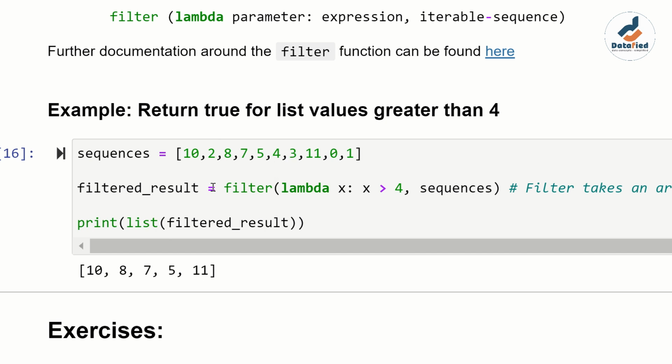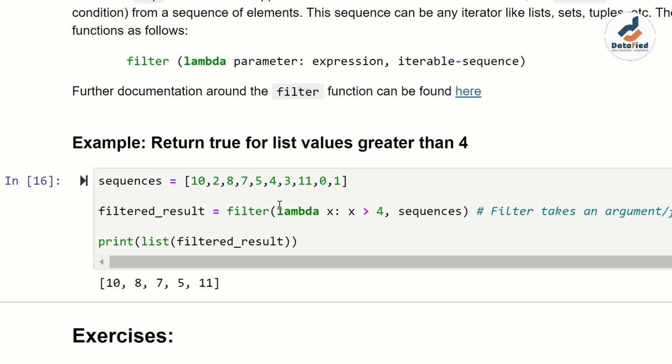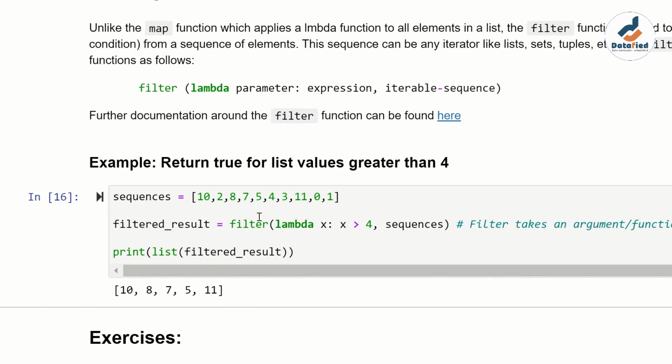So think of how this is going to be very useful and helpful once we begin to work on data structures, and if we intend to filter out some data sets from a data frame, we have to use the filter function.